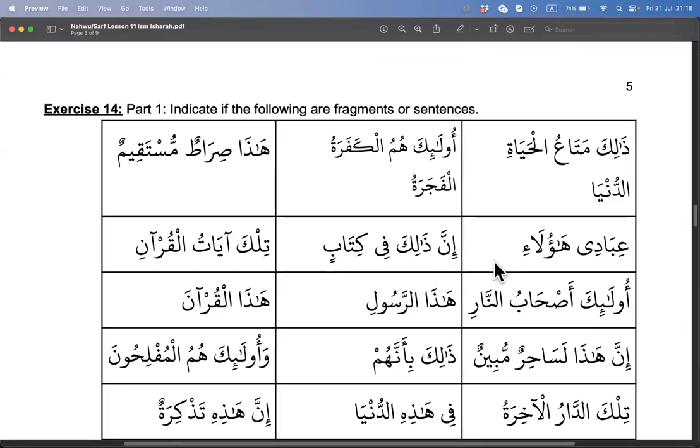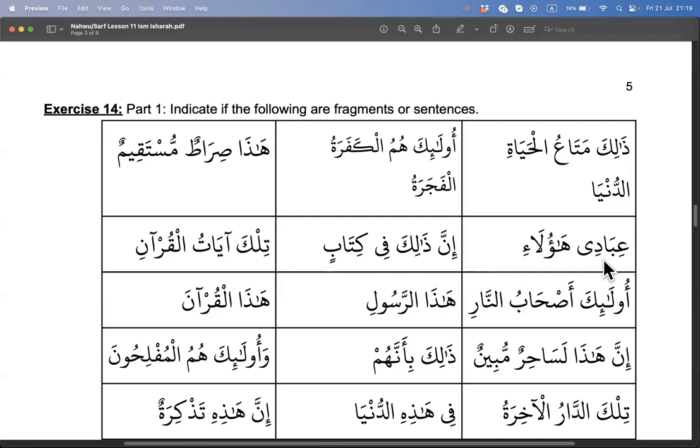Ibadi haula'i. Where's our pointer? Haula'i. Yes. Ibadi, is this one word or two words?